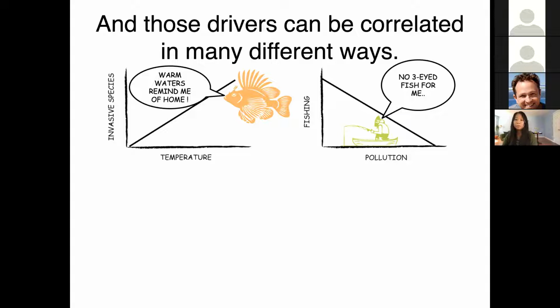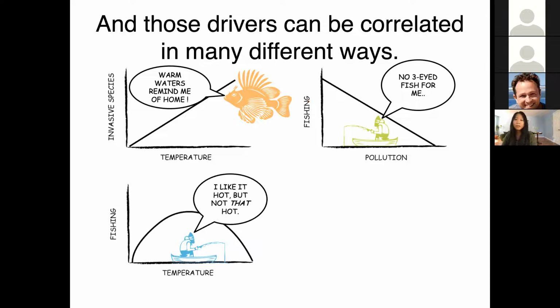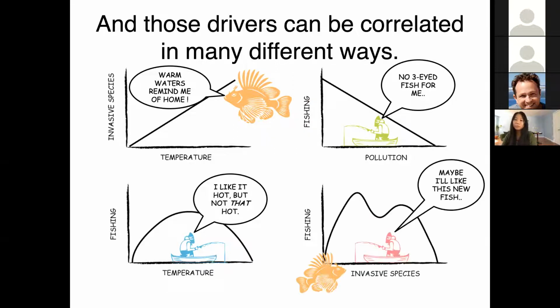For example, polluted waters may be less attractive fishing grounds for many people. And there are a host of potential hump-shaped or other nonlinear relationships with driver variables resulting from Allee effects or trait-mediated indirect interactions. But these are just broad brush strokes at trying to conceive of different correlations between parameters that are out there.